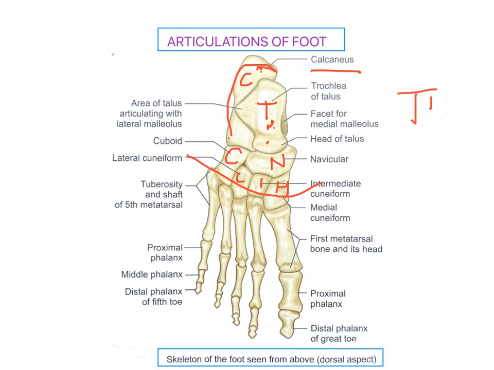Now we have finished the talus and calcaneum. Anterior to the calcaneum and the talus there are 2 bones of intermediate size. One is the navicular, which is placed medially, and the cuboid is placed laterally.